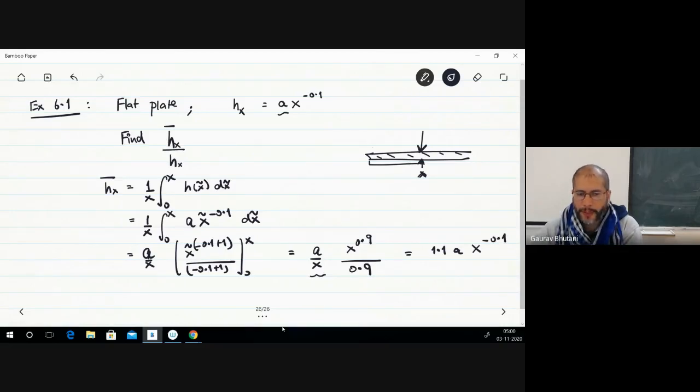It's interesting that for this particular case, we get the same functional form for the trend of hx bar and hx. Both of them vary as x to the power of minus 0.1. So the only difference is that hx bar is 1.1 times hx.